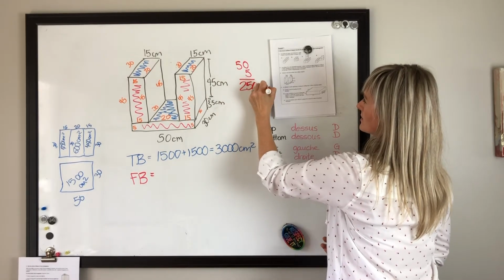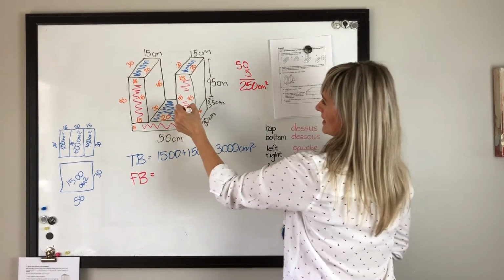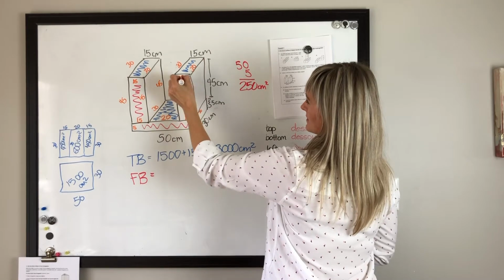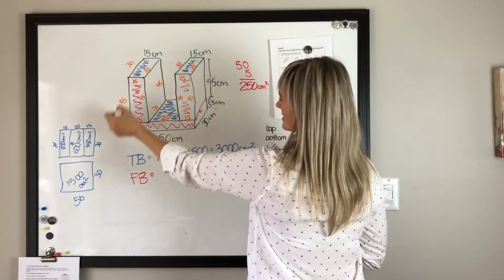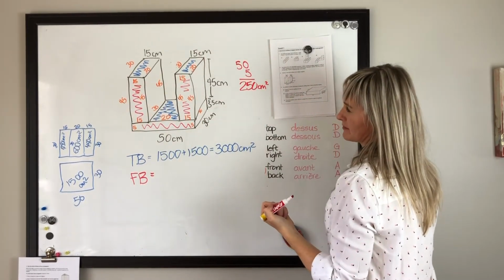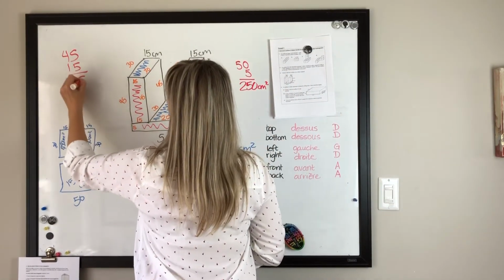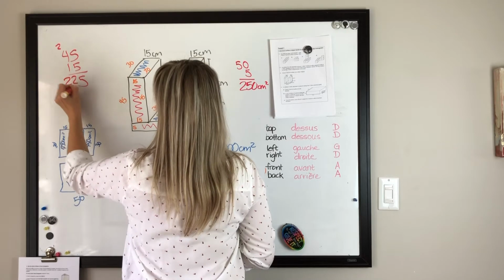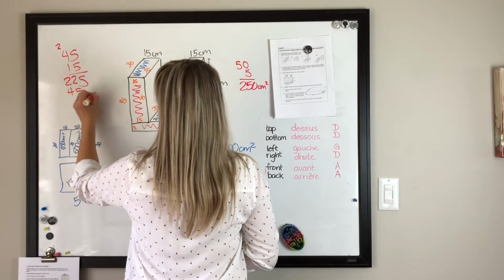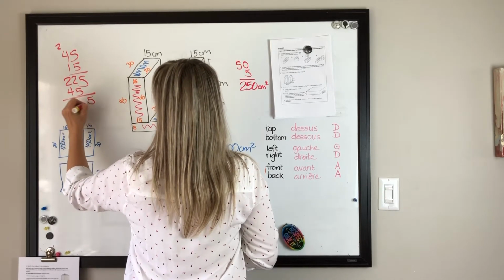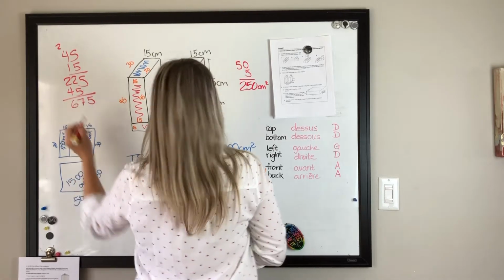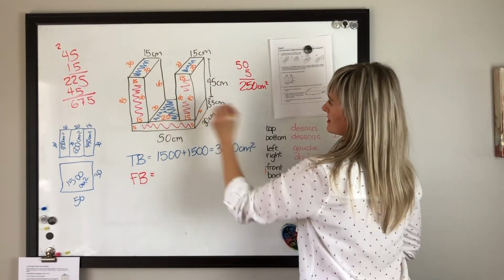250 centimeters squared. Then we're going to have this guy, which is going to be 45 times 15. And this guy, which is also going to be 45 times 15. So these will each be 675.